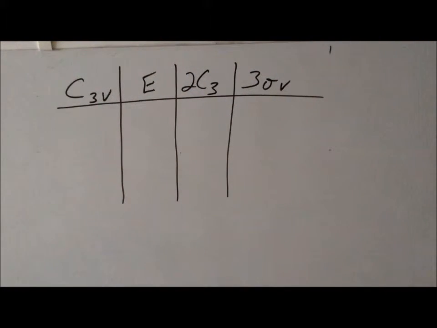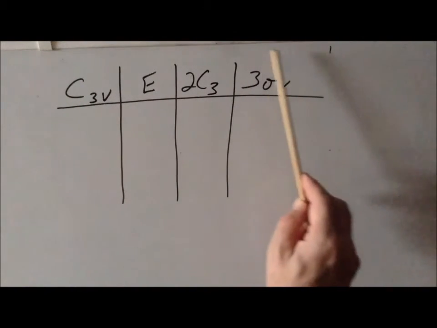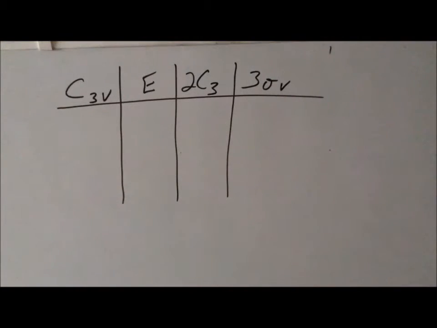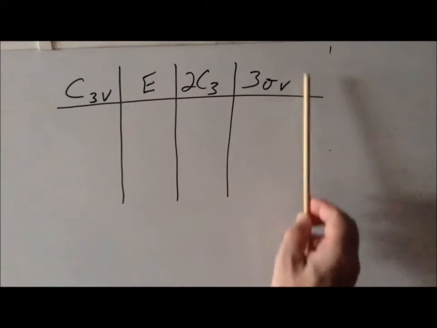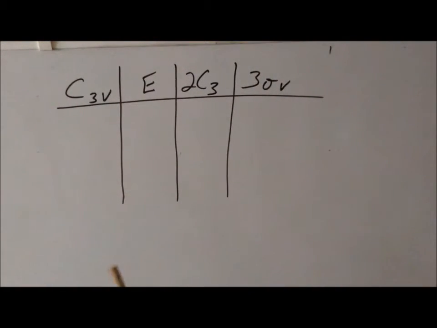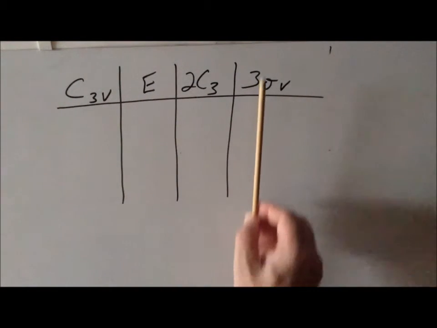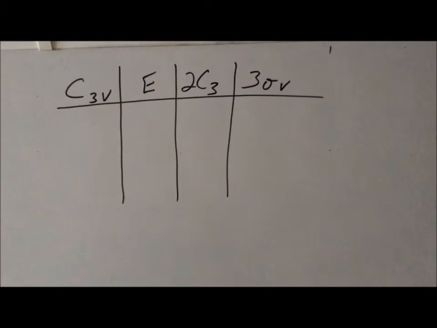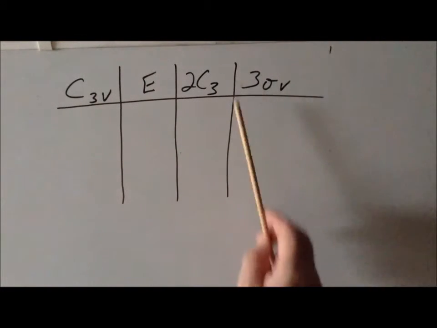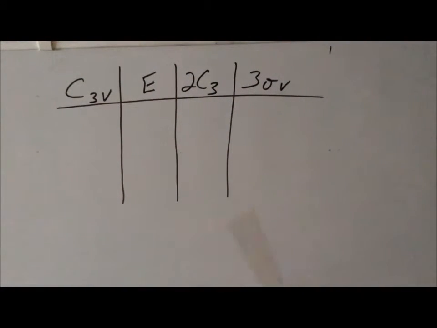In the third class, we see 3 sigma v's. That tells us that all 3 of the vertical mirrors for C3V belong to the same class, and because they belong to the same class, they have the same character. Later we'll explain in more detail how we could tell that certain symmetry elements belong in the same class, but we're not going to look at that right now.